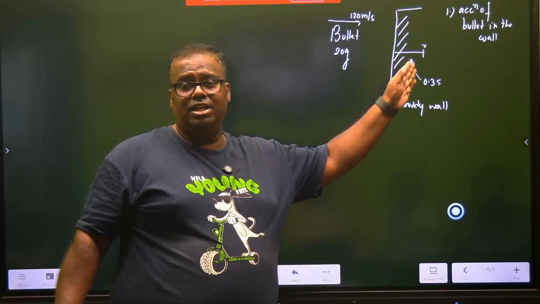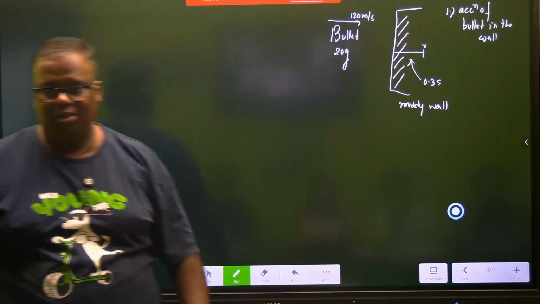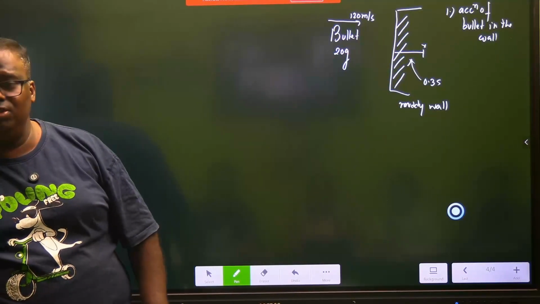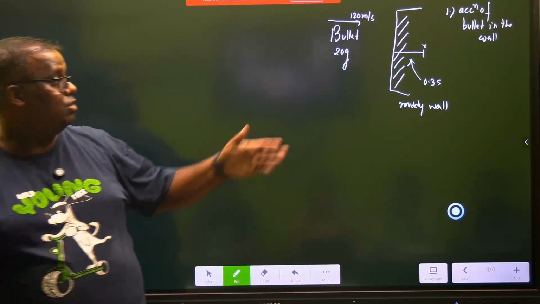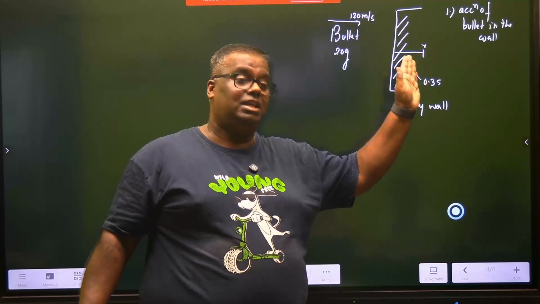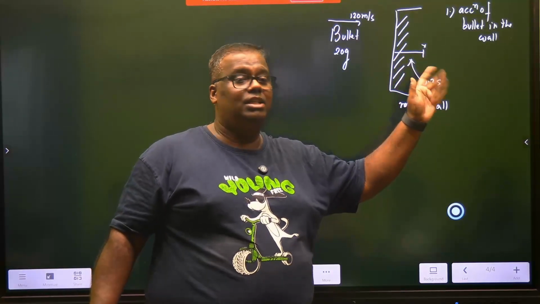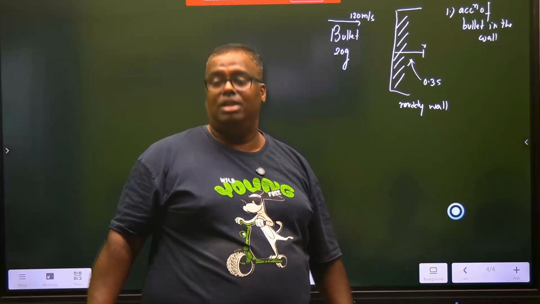It cannot accelerate. If it accelerates, its speed should have been more. It should have crossed the wall. It has come to a stop. So we do not say acceleration. Acceleration means speed going up. So the bullet has actually not accelerated. The bullet has decelerated or retarded. That means our answer for the acceleration should come negative.